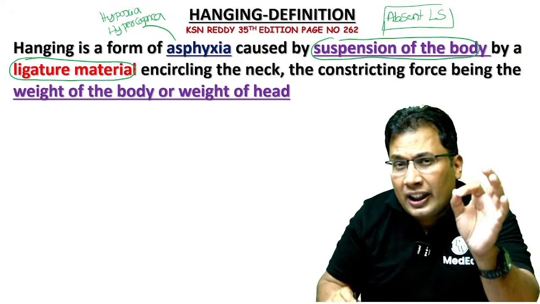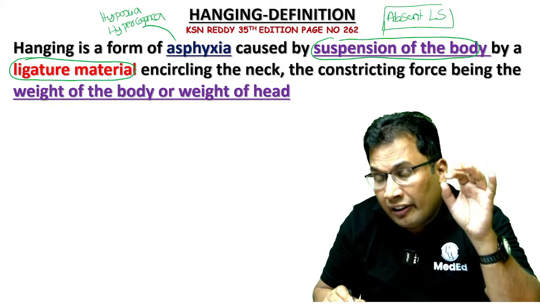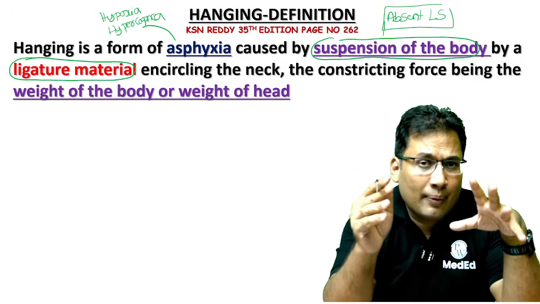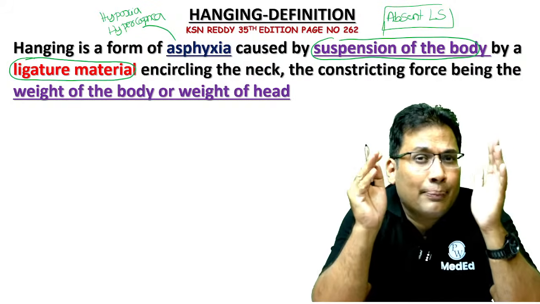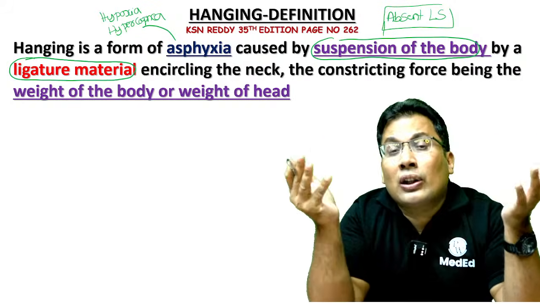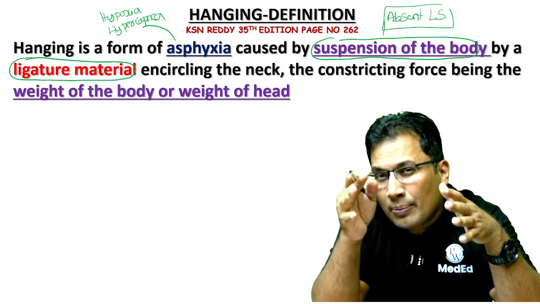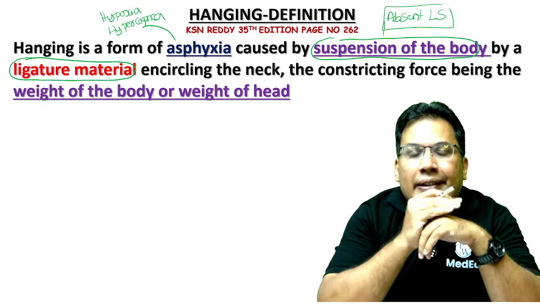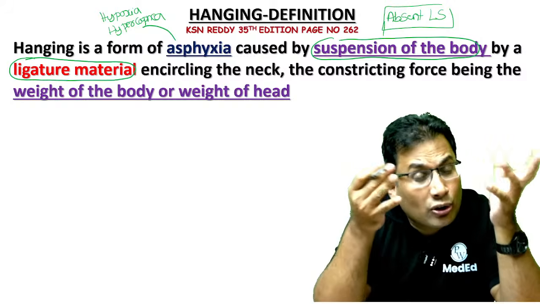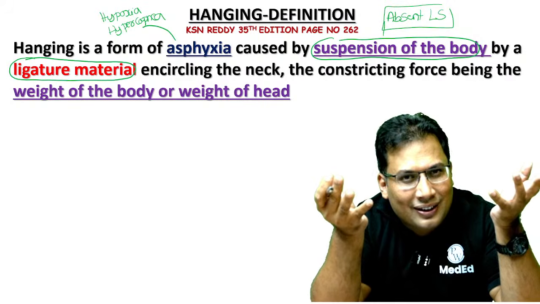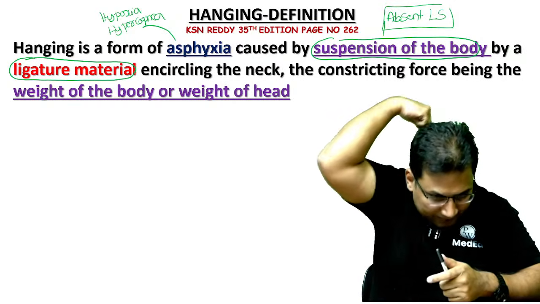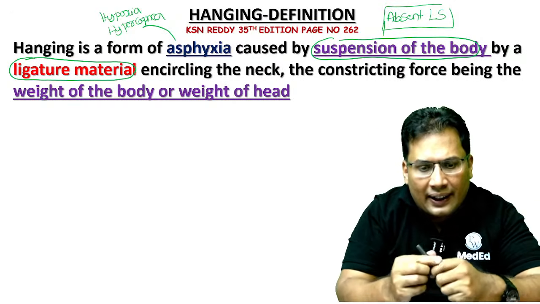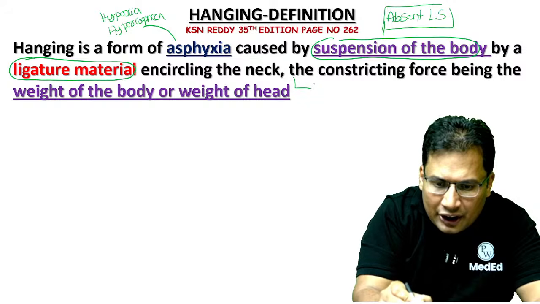But remember, when the ligature material is soft and broad, sometimes there can be a very faint ligature mark. A question can be asked in viva, hanging without ligature mark. Your answer must be soft ligature material. Very interesting question. Soft ligature material encircling the neck. Remember, it is oblique in nature.